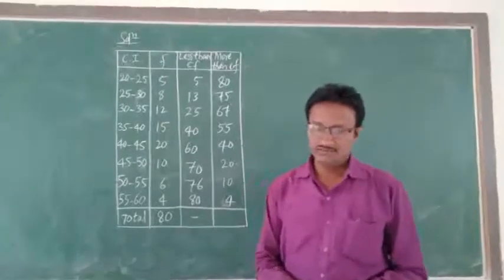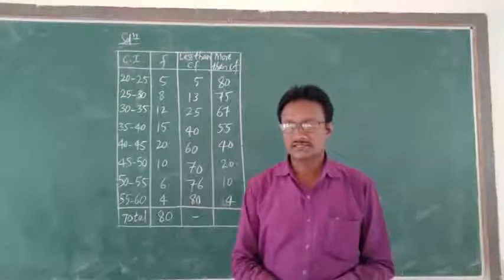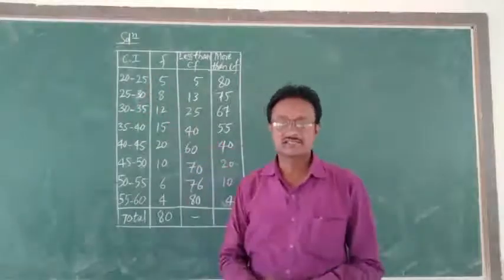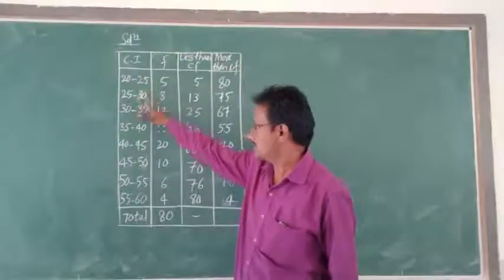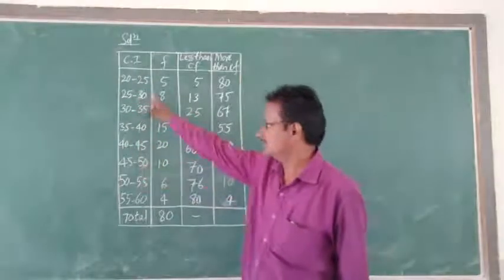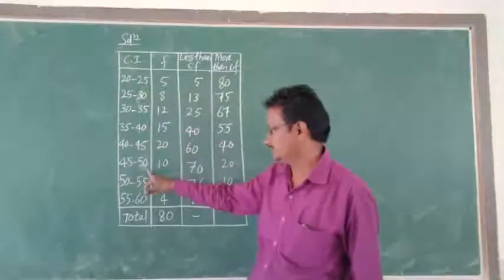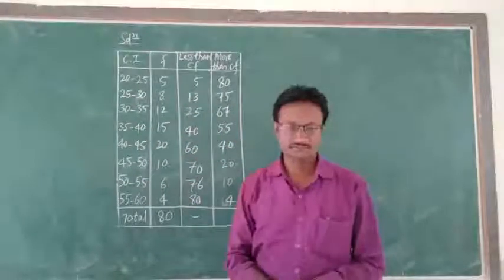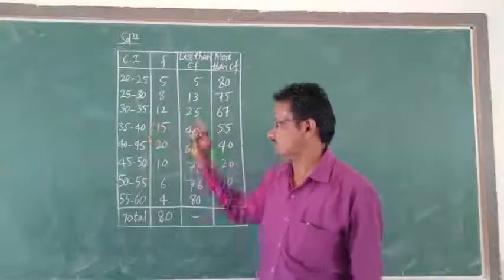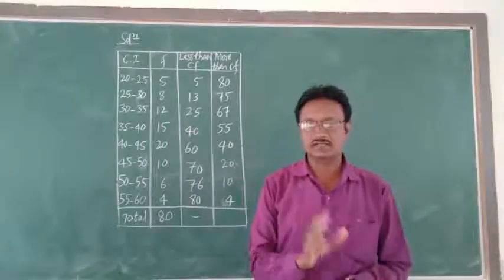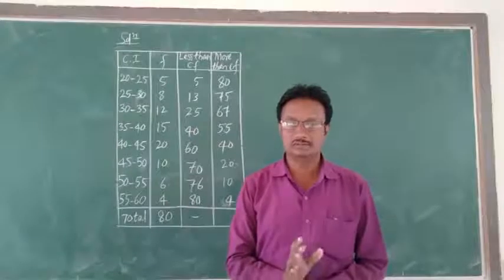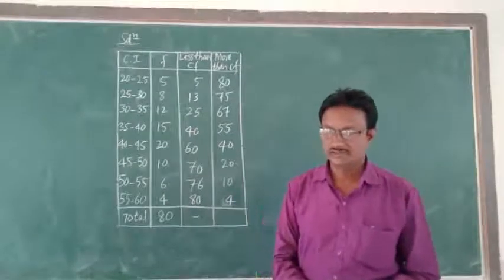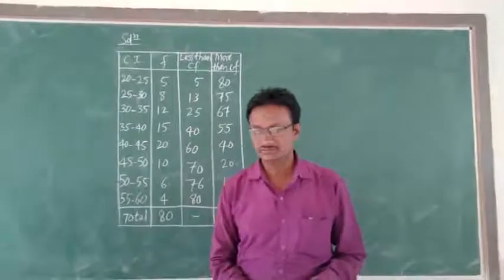And for drawing the less than ogive curve, on the x axis we have to mark all upper class limits, or these are called upper class boundaries, and less than CF, the cumulative frequencies, on the y axis. Corresponding to these two figures, we have to plot a point, and all the points are joined to get the less than ogive curve.